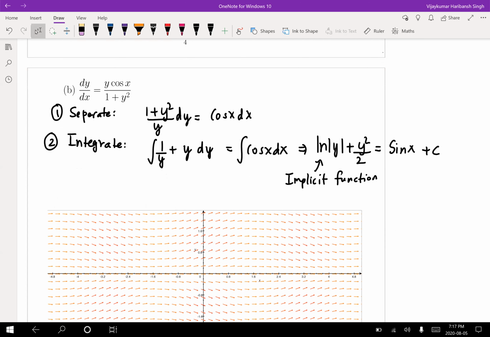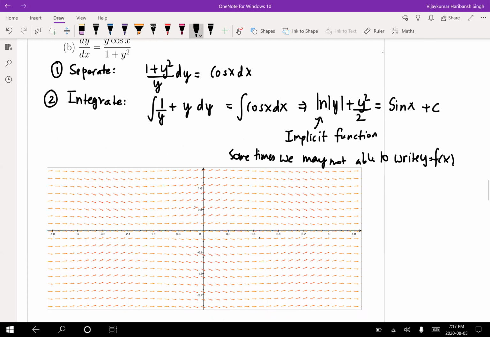So sometimes we may not be able to write y equals f of x. That's fine. This is an implicitly defined equation.